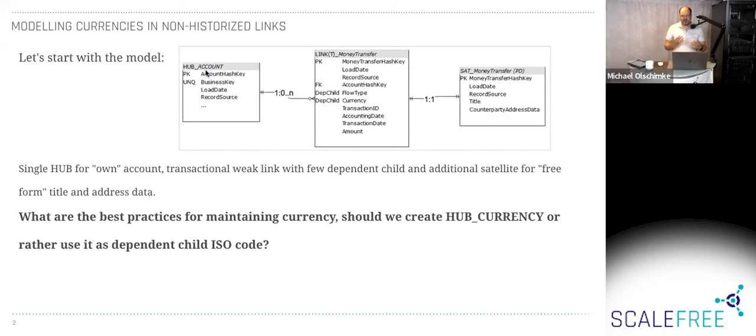Then you maybe need an effectivity satellite to describe from when to when something was located at a given address and zip code, and so on. So there are at least two additional entities, a link and most probably an effectivity satellite, that you need to add to the hub itself. And the idea of reference data and reference tables, also known as reference hubs, is to simplify the model by having fewer entities to capture this reference data.